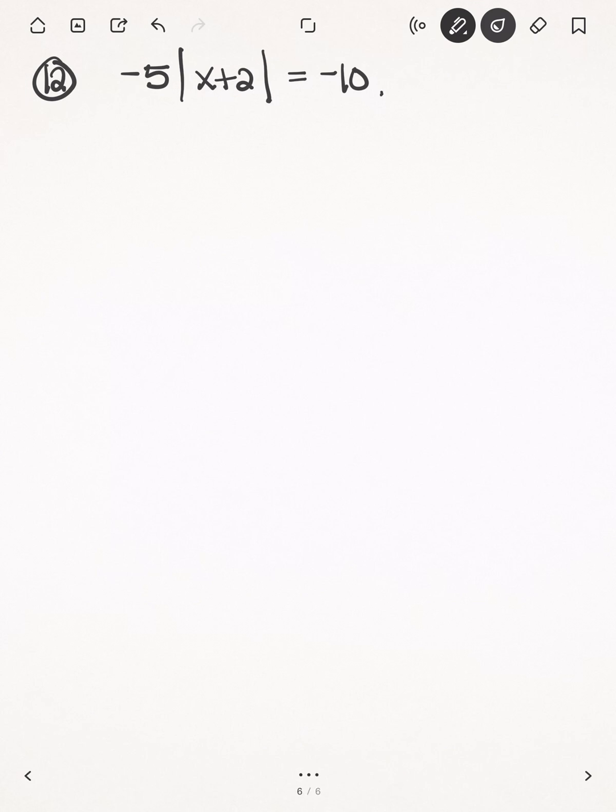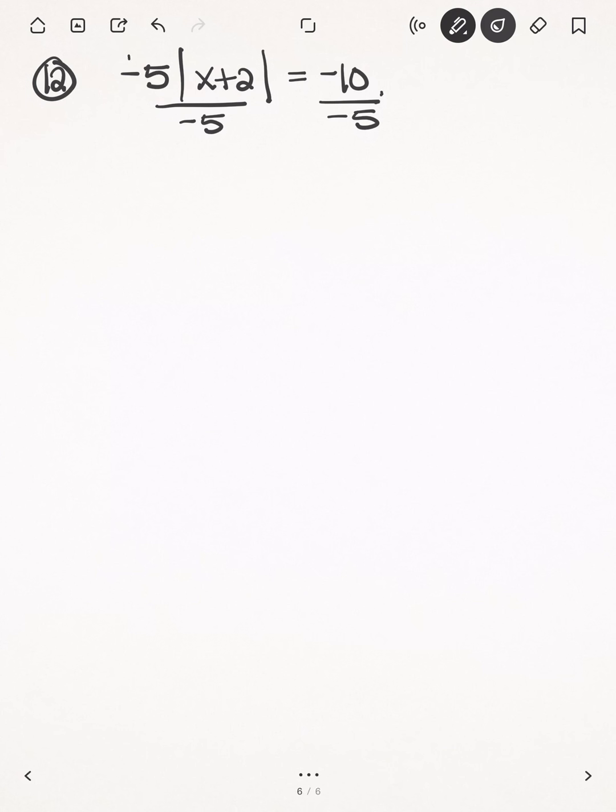Is the absolute value by itself? We have this 5 on the outside. So we need to get rid of that, okay? And so if we're trying to get this absolute value by itself, what's the opposite of multiplying by negative 5? We're going to divide both sides of my equation by negative 5.